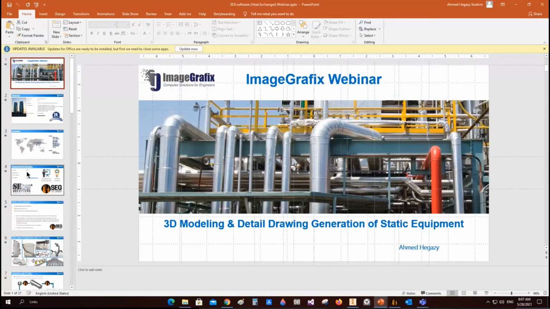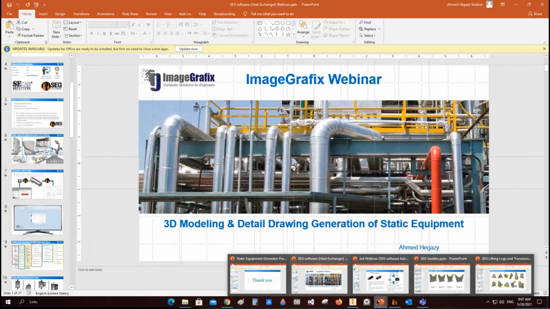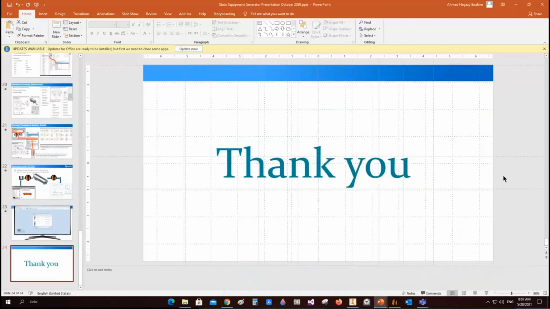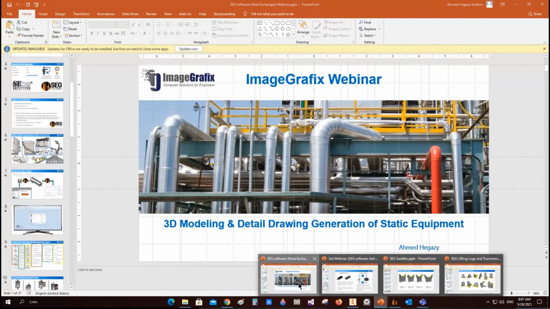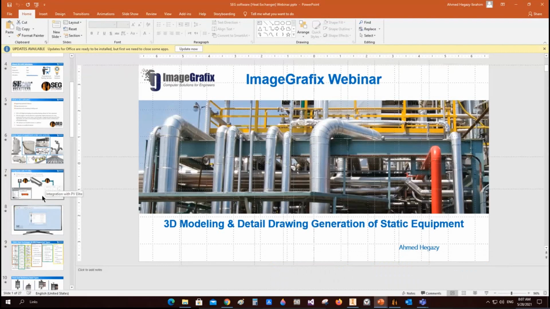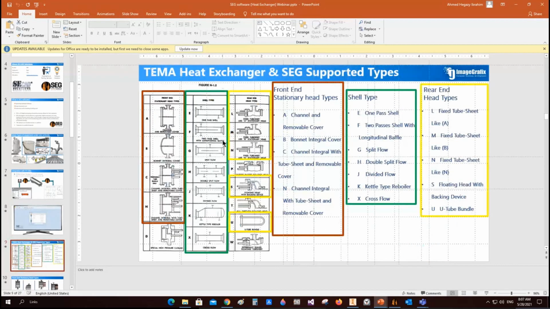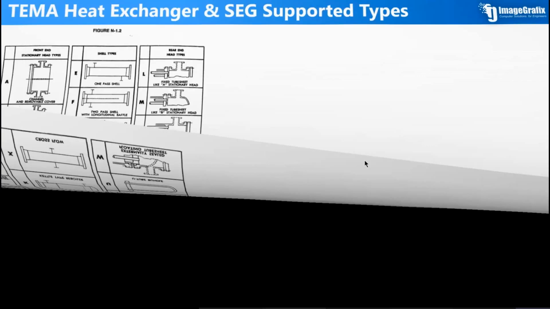That's for heat exchangers. Okay, here for the TEMA heat exchanger, as all of us know, the TEMA exchanger type includes three sides. The first side is front end, shell type, and rear end.